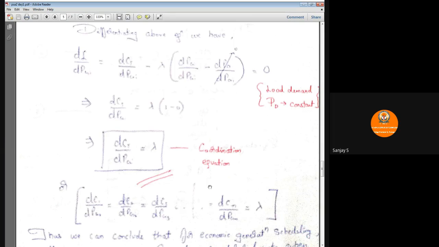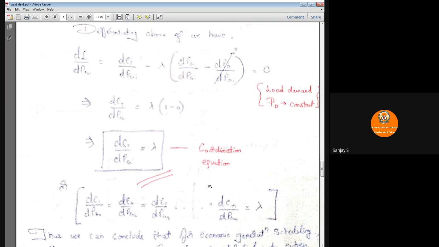The coordination equation. Differentiation part, was it fine? Okay. Fine. Right. So now am I audible? Yes, sir. Shall I continue?